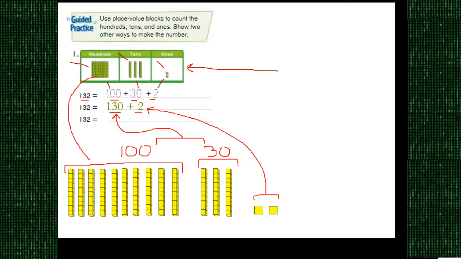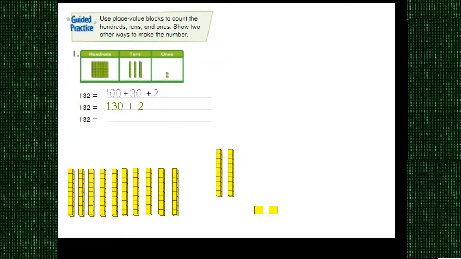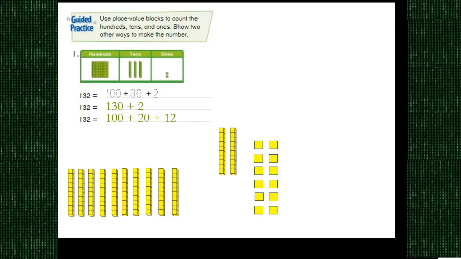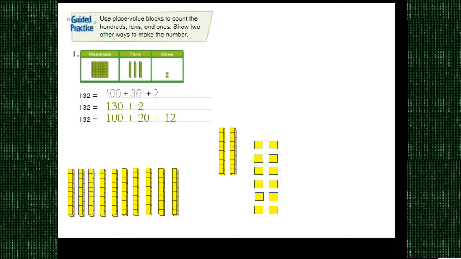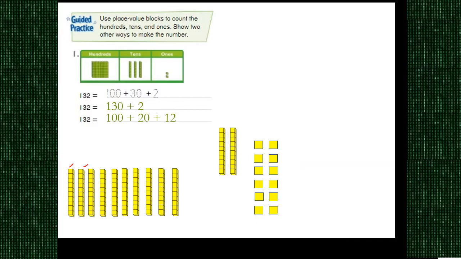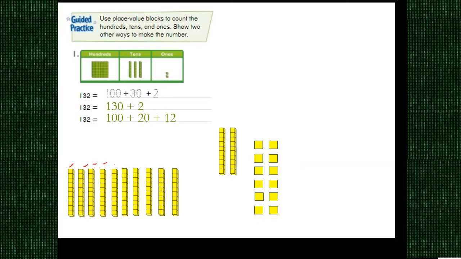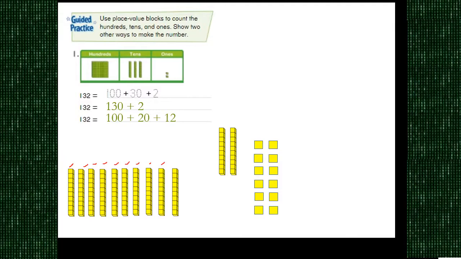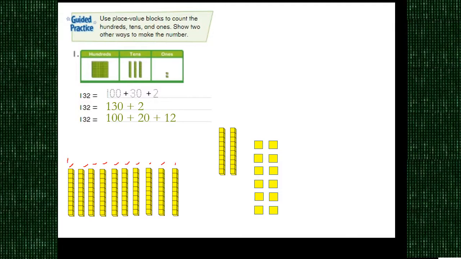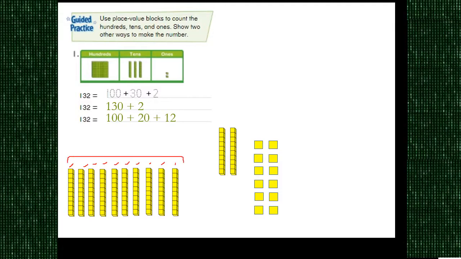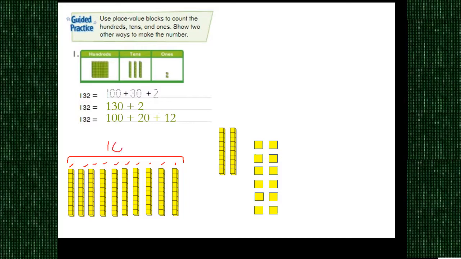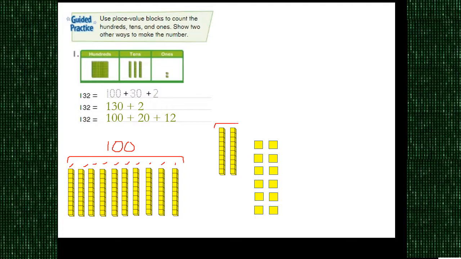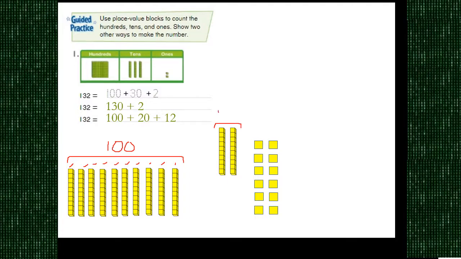Here's another way we can do it. Now let's see what I've done. I've got 1, 2, 3, 4, 5, 6, 7, 8, 9, 10. I have 10 tens rods. Well, that's 100. And I've got 2 more tens rods. That's 20.